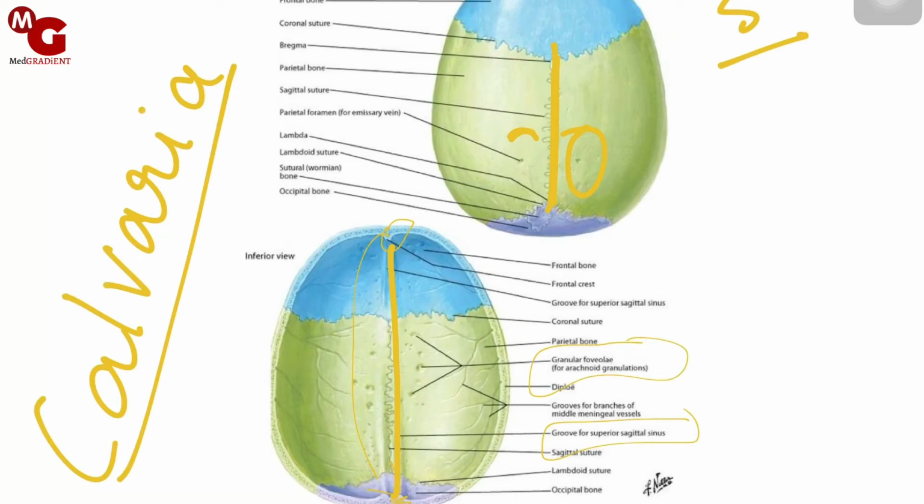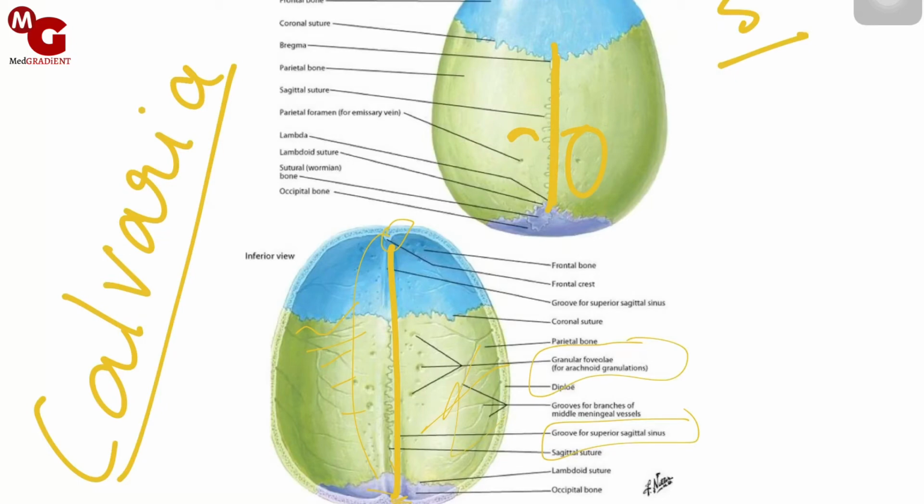Now, apart from that, you see these lines going in over here. So, what are they? They are the branches of the middle meningeal vessels that are having their mark, that is the grooves for the branches of the middle meningeal vessels that you can see here, right? So what these middle meningeal vessels are and all that stuff we'll study later.